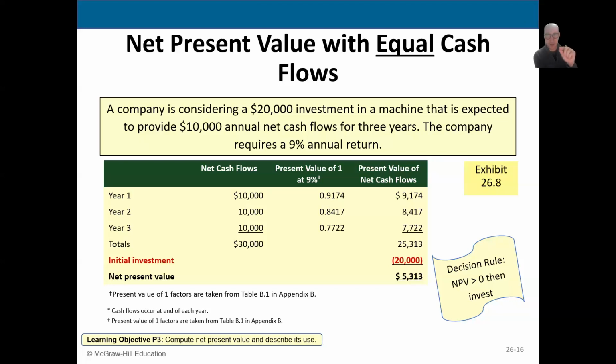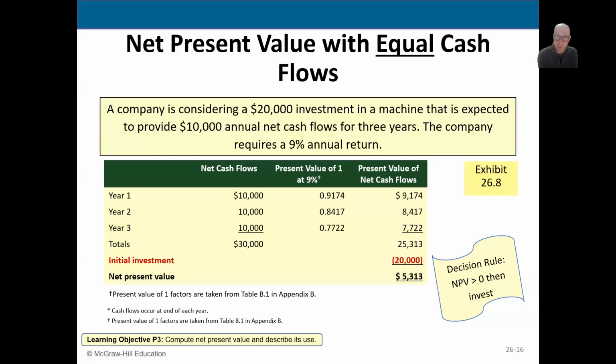We take the present value of 1 at 9%, we trace it downward, and we fill in the pieces of information. $10,000 times 0.9174 is 9,174. $10,000 times 0.8417 is 8,417, etc., etc. You see?